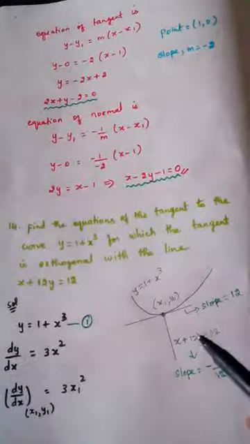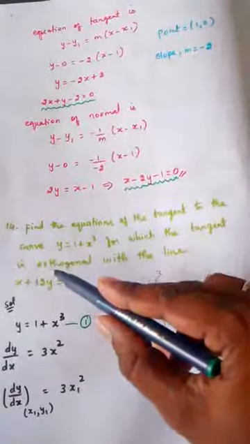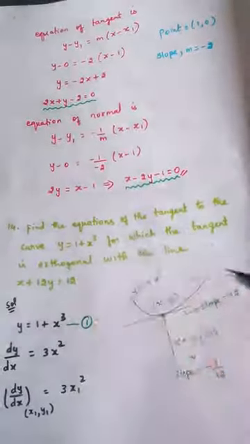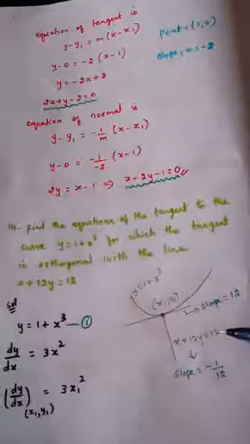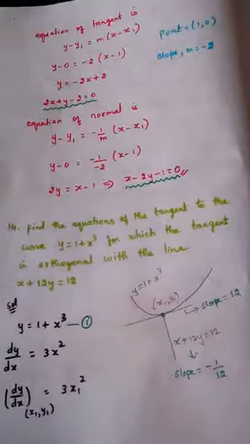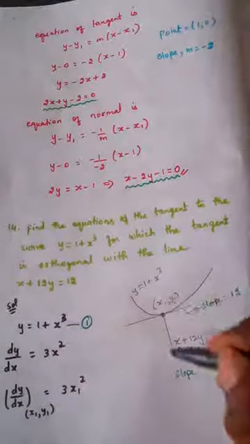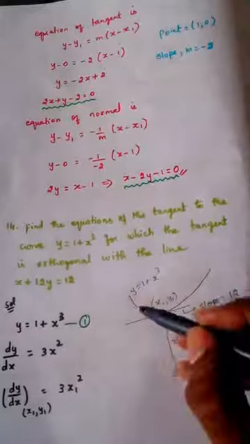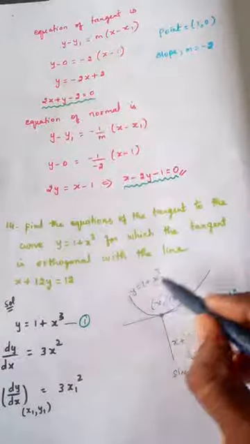What is the condition given to us? This tangent is perpendicular, that is what is given, orthogonal, perpendicular to this straight line x plus 12y is equal to 12. So I am going to explain everything in the diagram. If you once understand the diagram properly, the problem is going to be very simple. Again I repeat, this is the curve y is equal to 1 plus x cube.